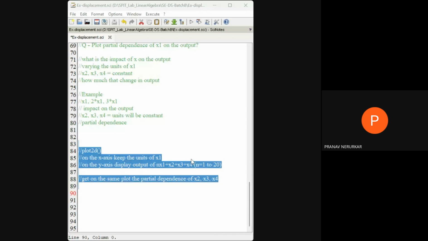Next, check whether you are getting the solution as 150 minus 1.